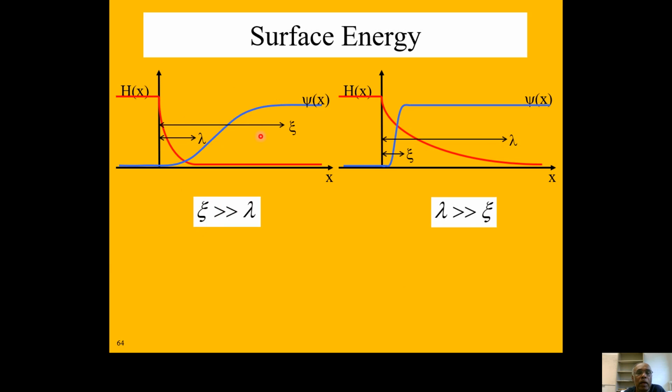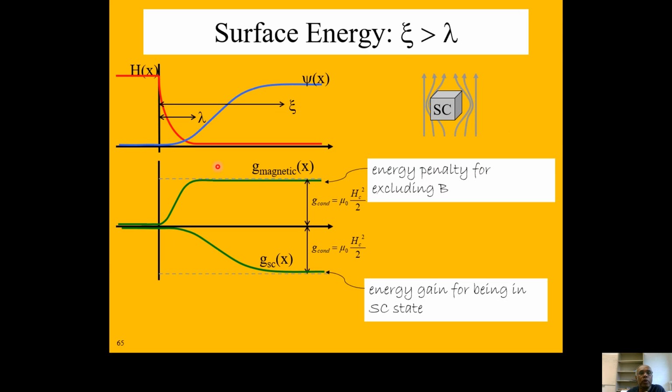Now we can look at how the surface energy changes. If you have the situation where xi is much larger than lambda, so that is this one, right? Xi and lambda.